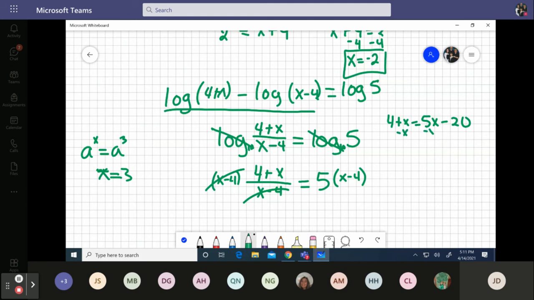And I subtract that x from both sides, and 4 equals 4x minus 20. Adding that 20, and dividing by that 4, x is equal to 6.